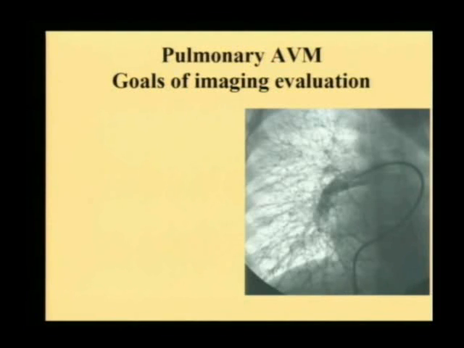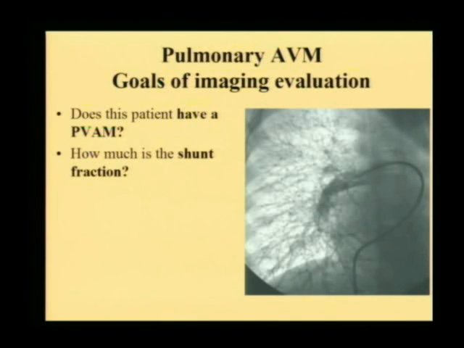So with this background, let us try and see how we can approach a given patient with pulmonary arteriovenous malformation. What should be the goal of imaging in such a patient? The first question you have to answer is, does this patient have a pulmonary arteriovenous malformation? Imaging or some form of investigation can define this.